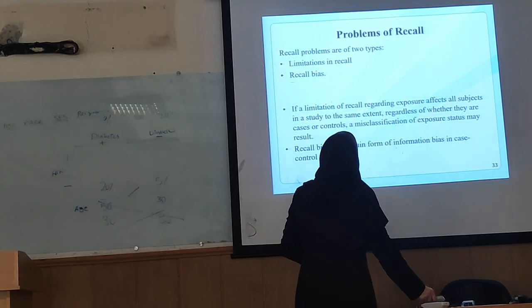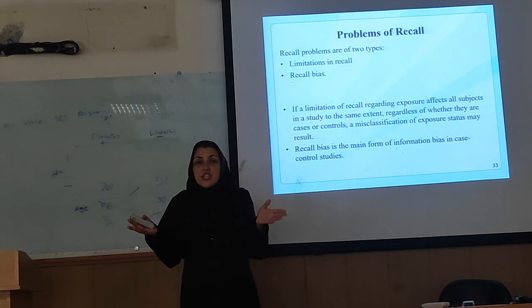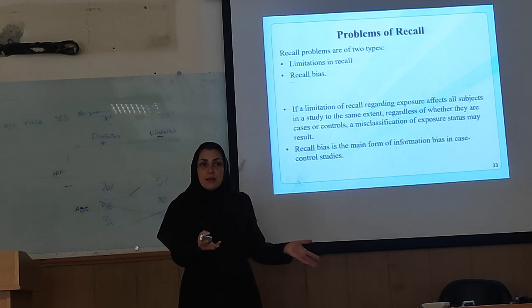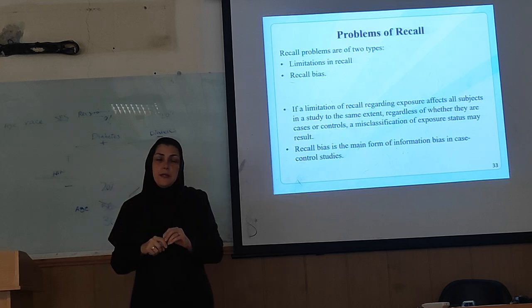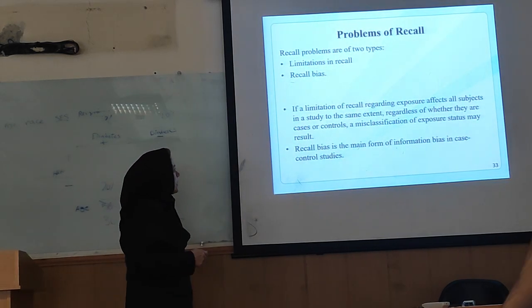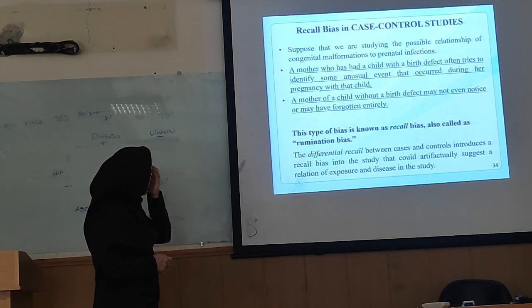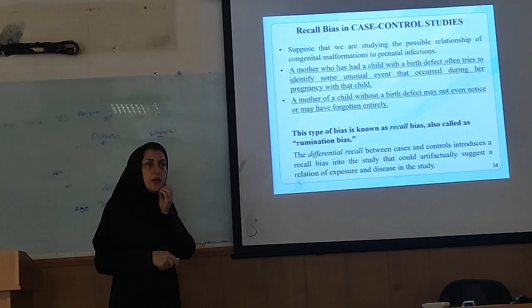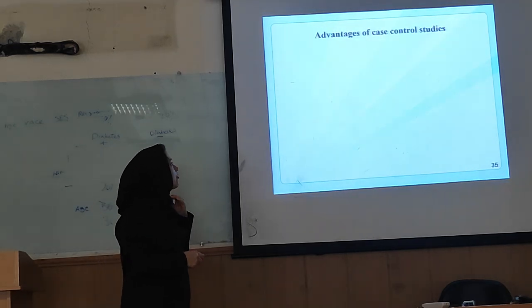It is a kind of recall bias, and you cannot find in which direction your result is deviated, whether it is diluted or exaggerated. So it is a kind of bias that might happen in case control studies. The other name of this type of bias is rumination bias. Recall bias or rumination bias.